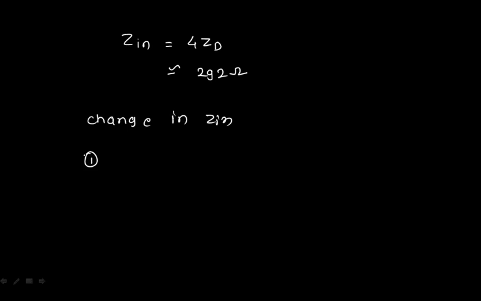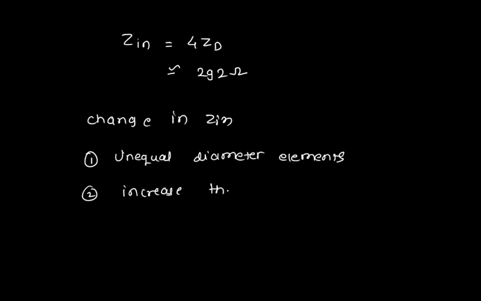What you are doing right now, you are using an equal diameter. So you can go for unequal diameter elements. And the second thing which you can do is increase the number of elements. This will result in the increase or change in the Zin.